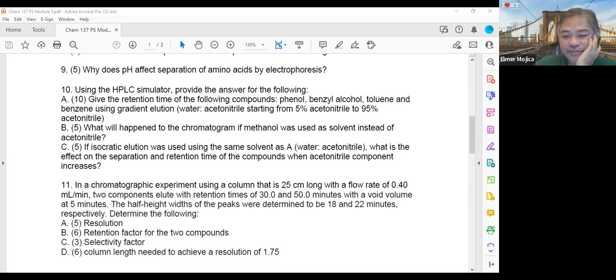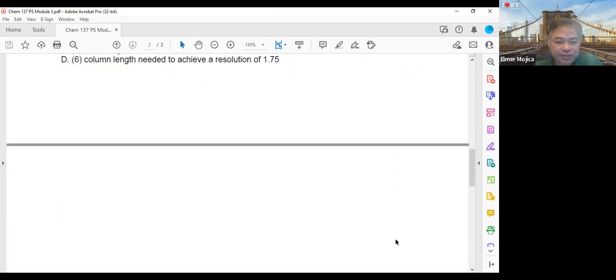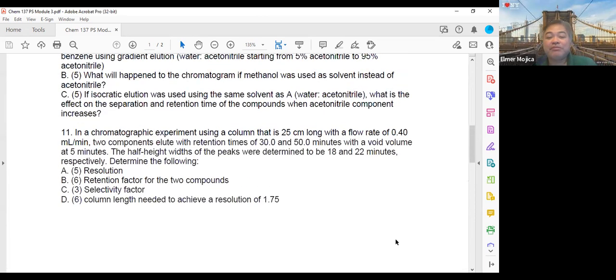Now, the next question is usually a simulation one, so I'm not going to go into that. What we're going to do is the last one, so we're going to solve a problem.